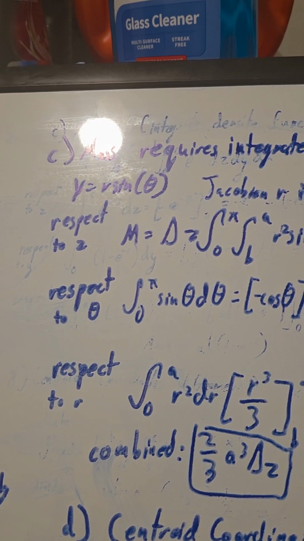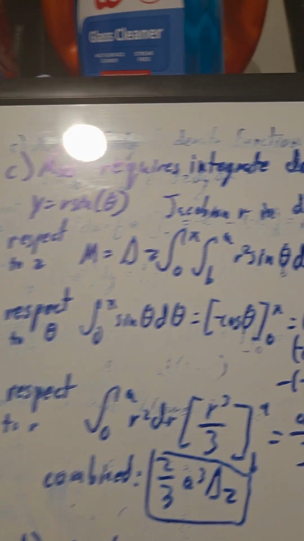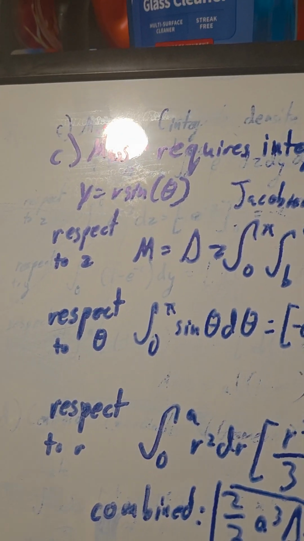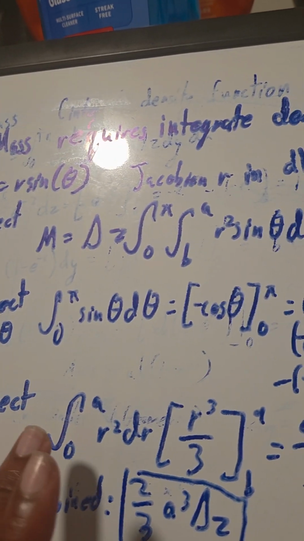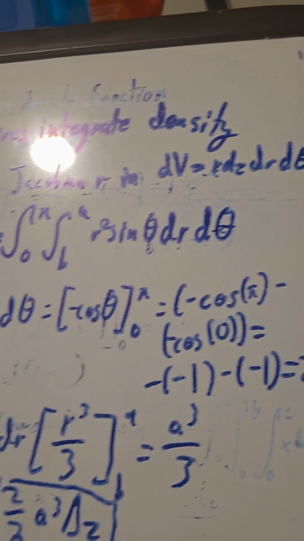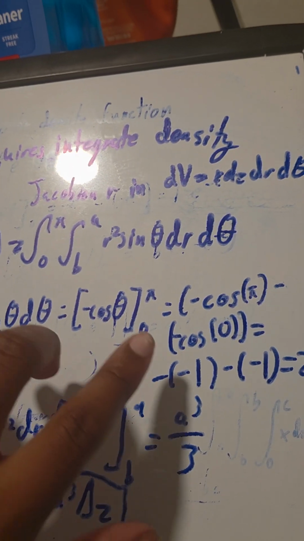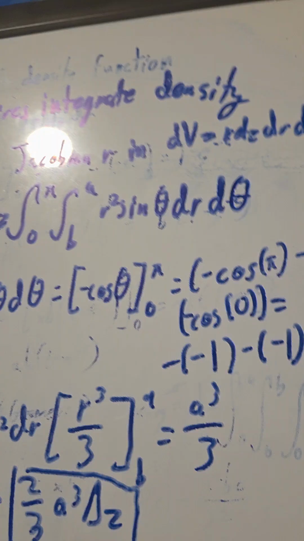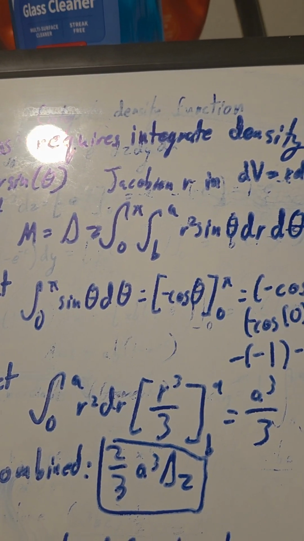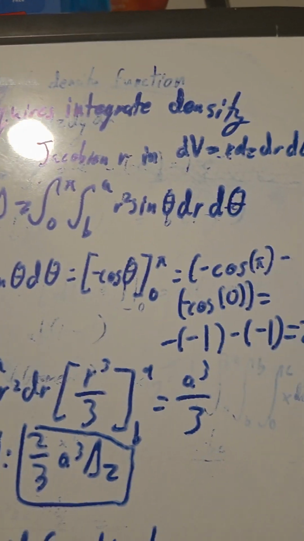When you go with respect to theta, the integral from 0 to pi of sine theta d theta fleshes out to negative cosine from 0 to pi, and that simplifies nicely to 2.